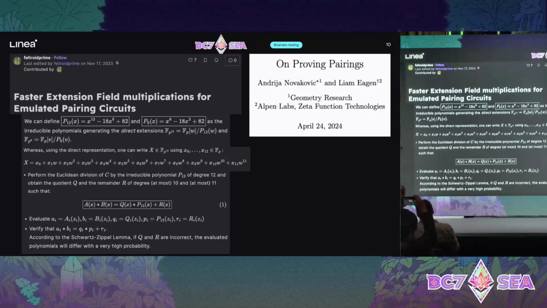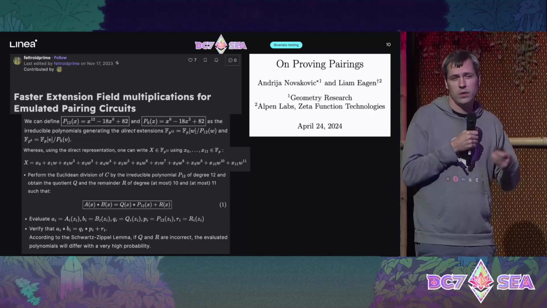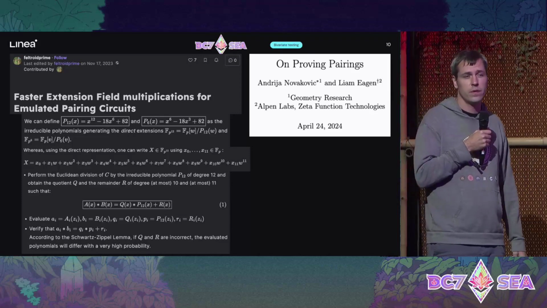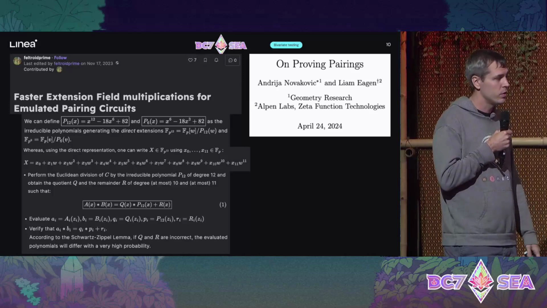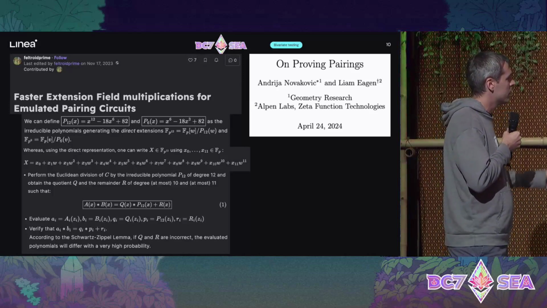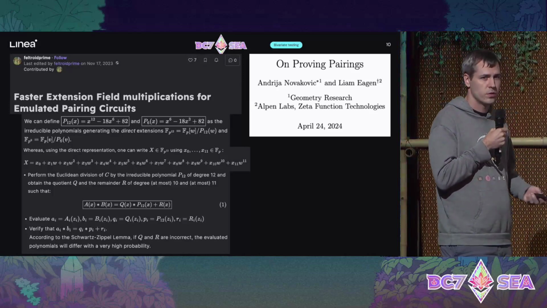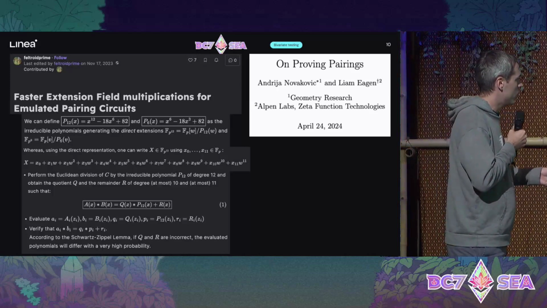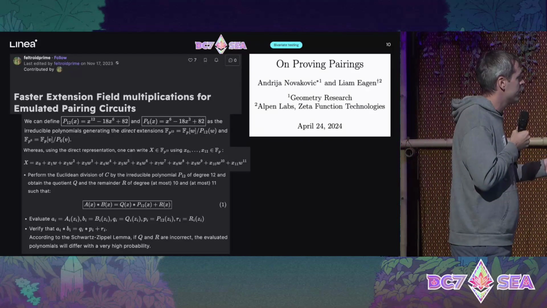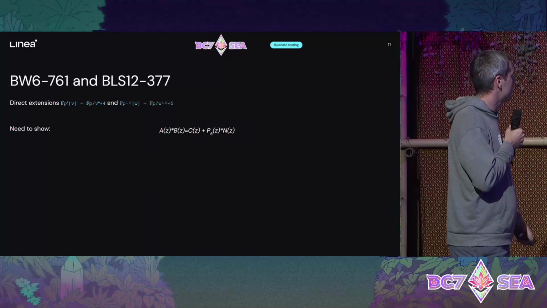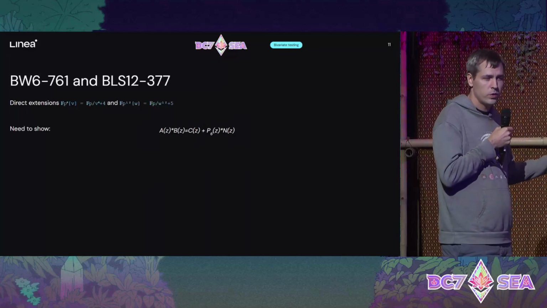What we have for the non-native multiplication is that essentially we don't compute the value, but the prover provides the value using a hint, and also the quotient. Then the verifier provides some kind of challenge using Fiat-Shamir usually, and then we just check that this direct extension multiplication is correct. So this should be more efficient, and we wanted to figure it out.